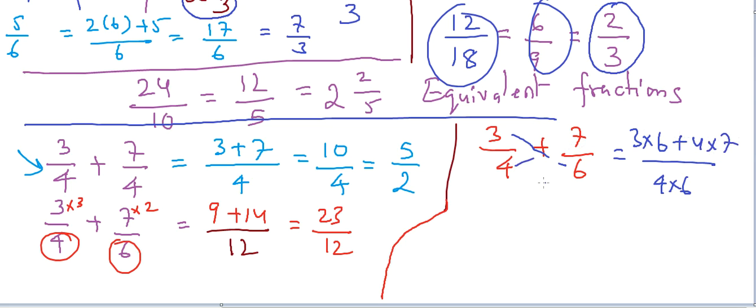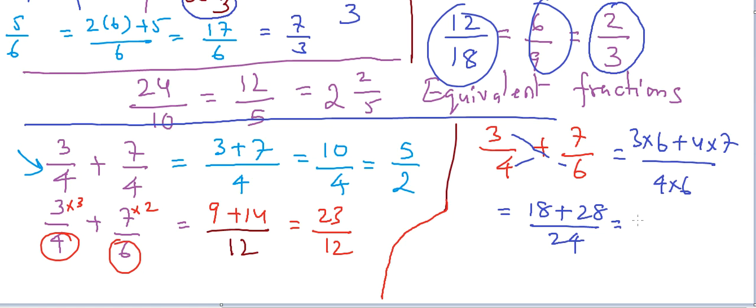In that case we get 6 into 3 is 18 plus 4 into 7 is 28, by 6 into 4 is 24. So this way also we can do it, but the only thing is you will get bigger numbers, so you need to reduce the fraction at the end.